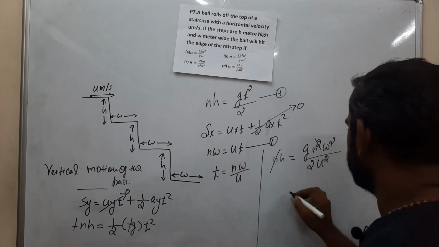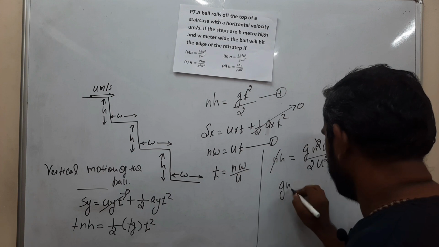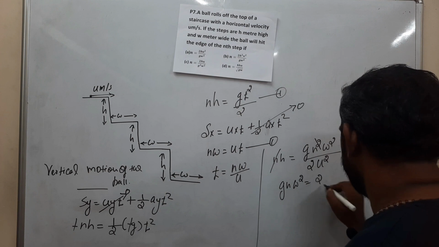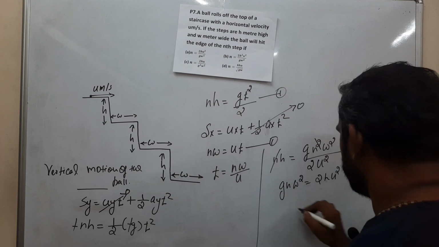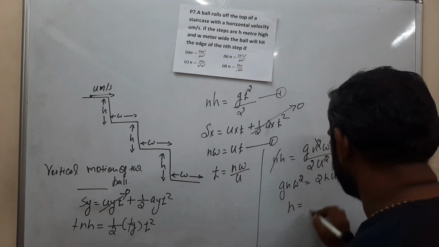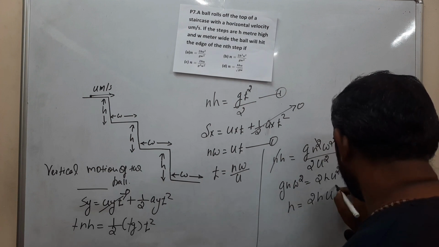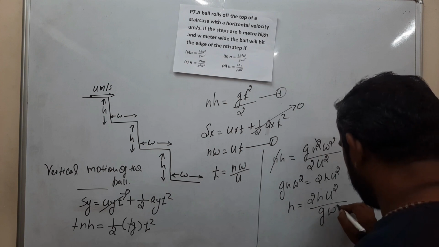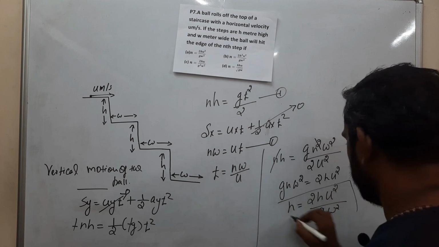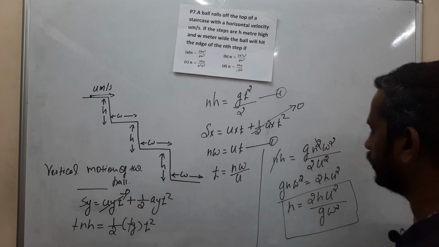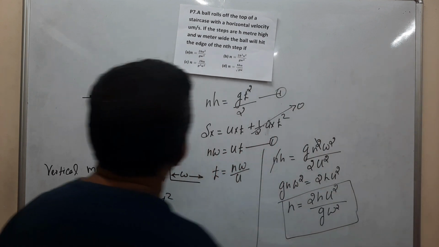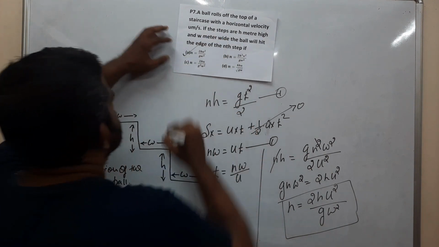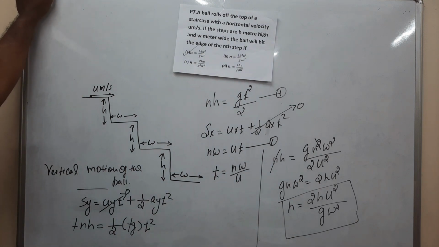So g n w square is equal to, cross multiply, 2 h u square. We have to find the value of n. N is equal to 2h u square divided by g w square. So this is the relation or condition for n. So option A is the answer.